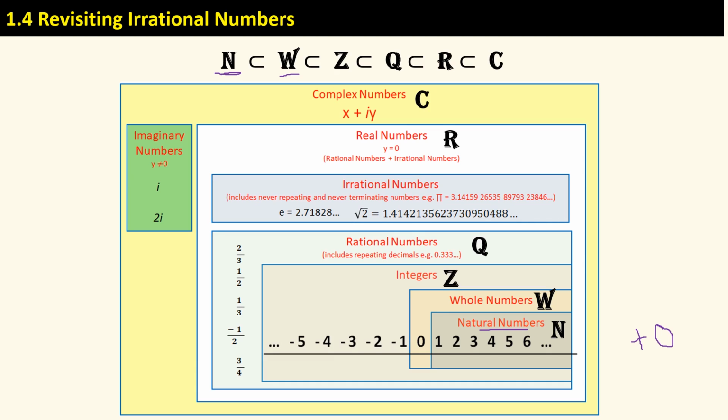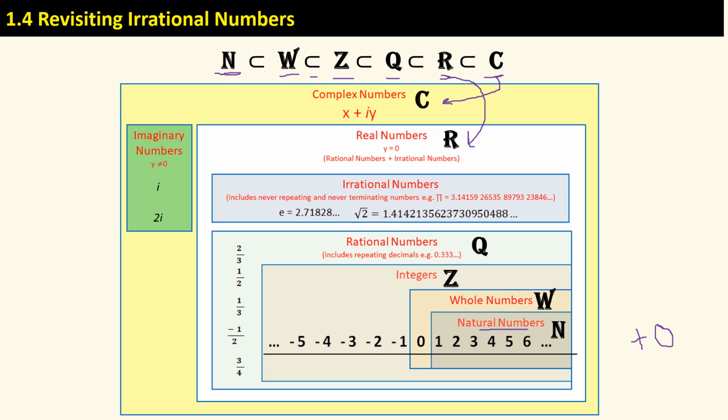Similarly, the set W of whole numbers will be a subset of set Z, which will be a subset of Q, which is the set of rational numbers. Q will be a subset of R, which will be the set of real numbers. And the set of real numbers will be a subset of C, which is the set of complex numbers.